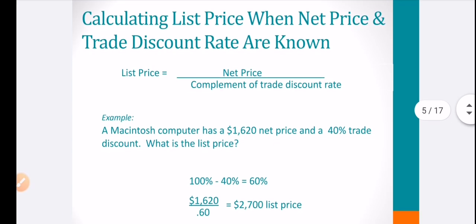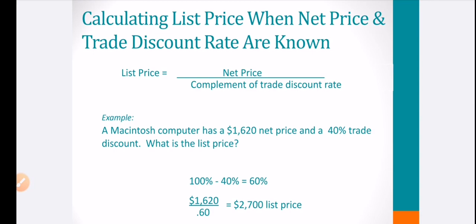Calculating list price when net price and trade discount rate are known. We have the following formula. List price always equals the net price divided by the complement of the trade discount rate. If I know the net price and the complement of the trade discount rate, then I can simply find the list price before the discount.